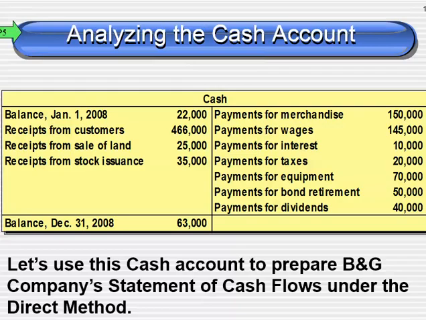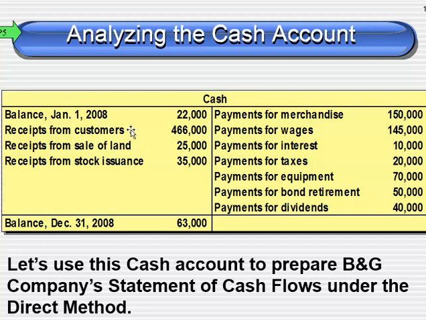Let's look at an example here. Now this is kind of a cheating example because they've already calculated for you here those receipts from customers and receipts from sale of land, but you can kind of see easily how the statement then is going to be prepared.